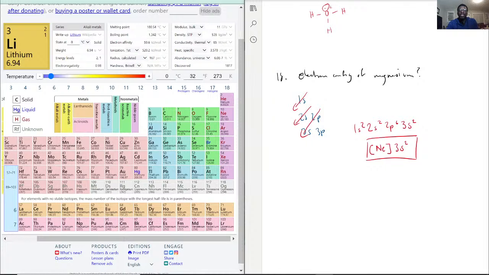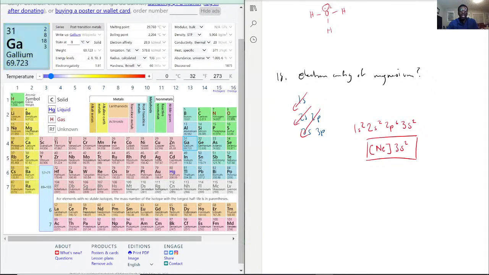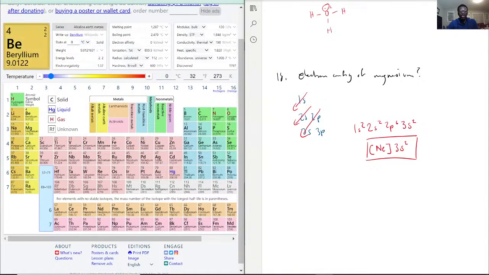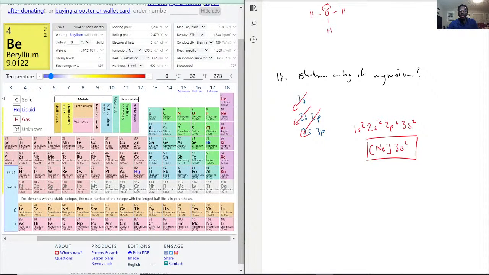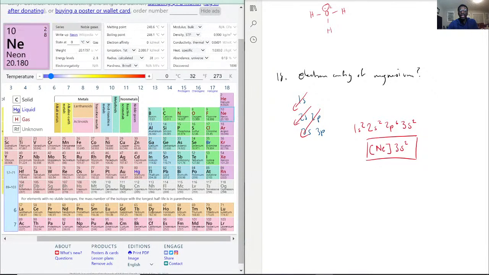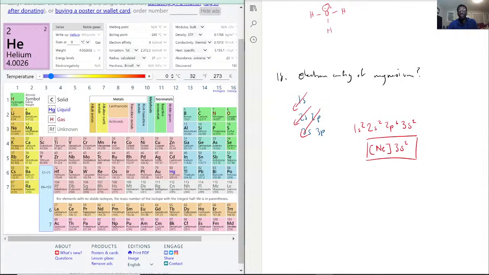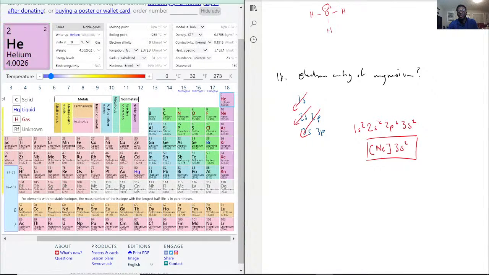Reason being is because our S subshell, as you recall, will be the first two columns. Okay, our P subshell would be columns 13 through 18, except for helium. Helium counts as an S orbital. Okay, so if we count it through, we have 1s1, 1s2.